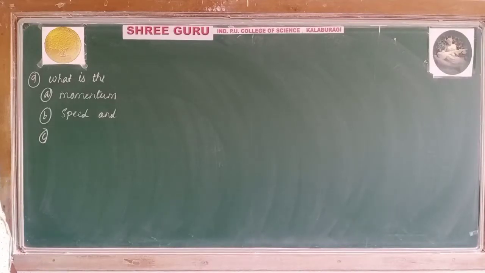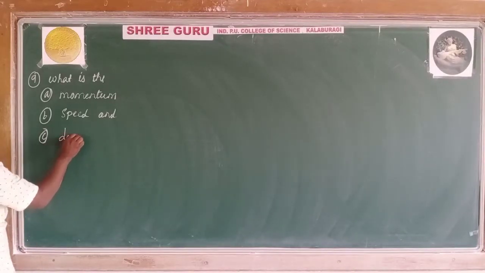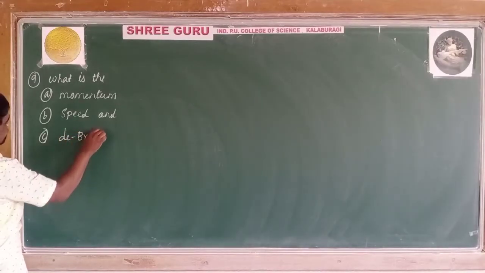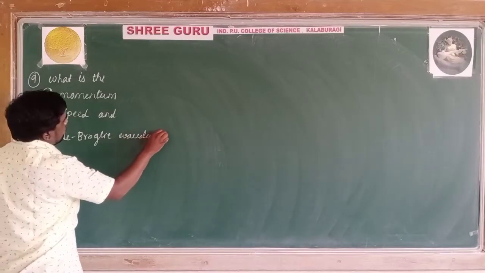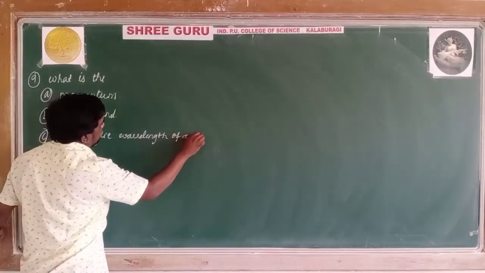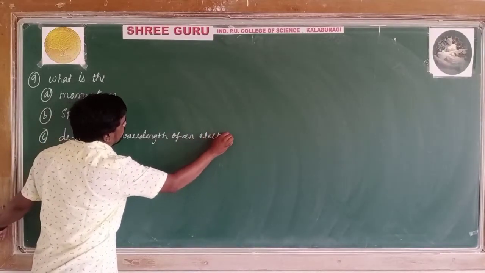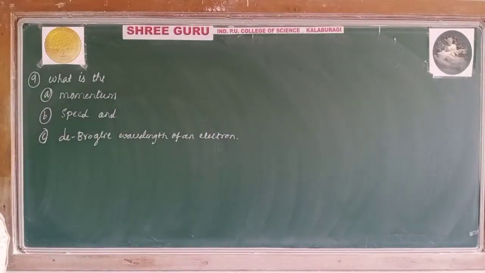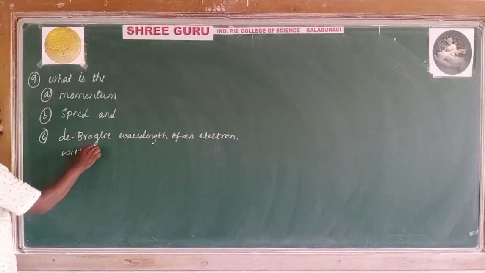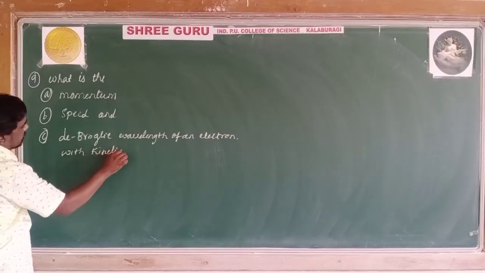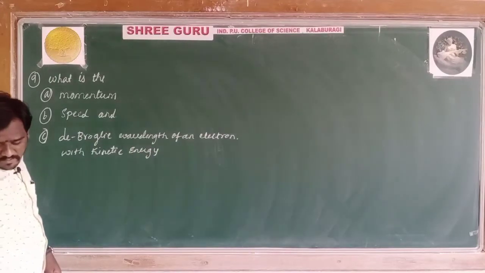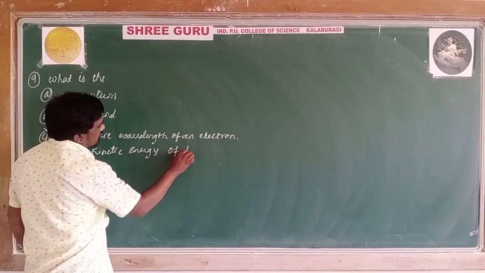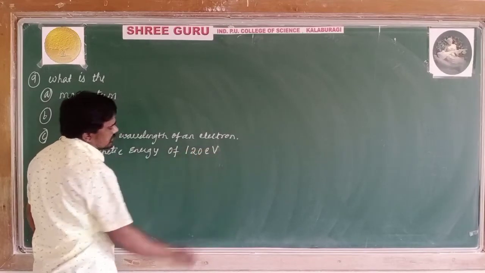The de Broglie wavelength of an electron with kinetic energy of 120 electron volt.